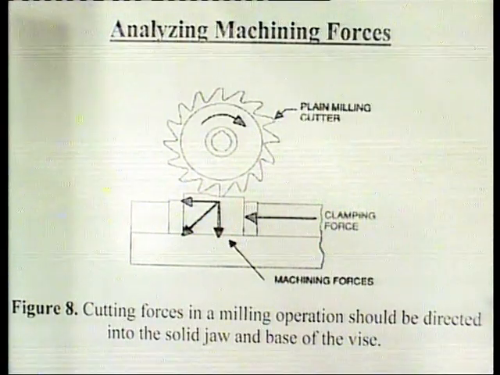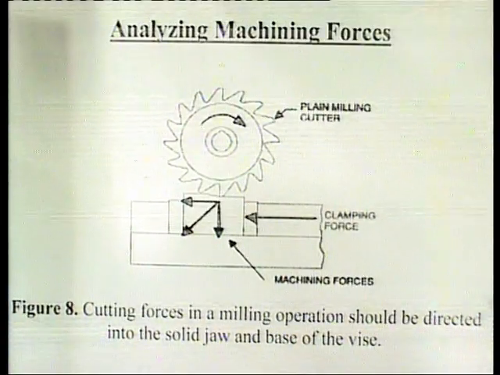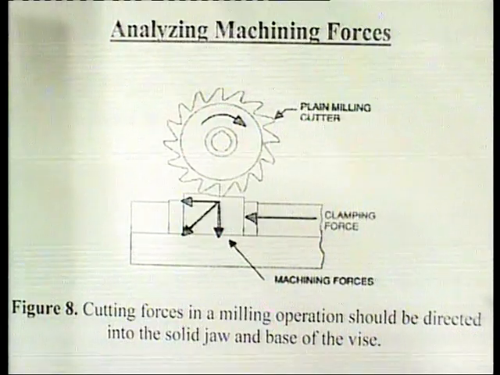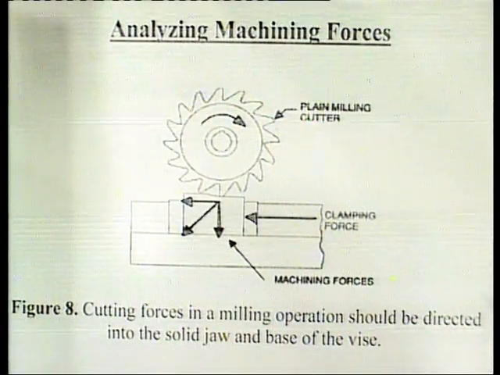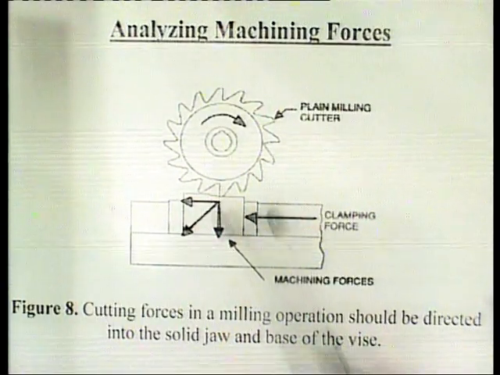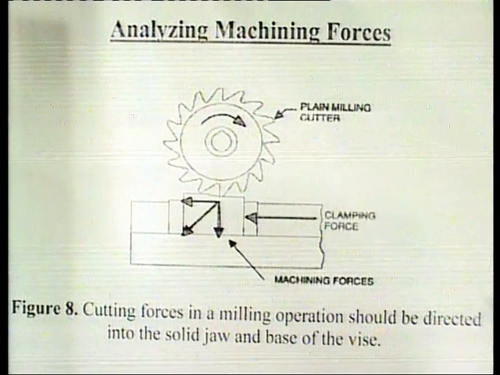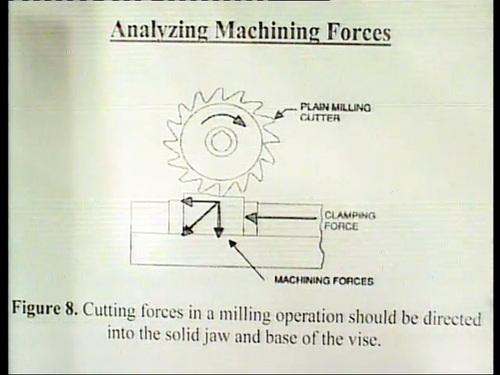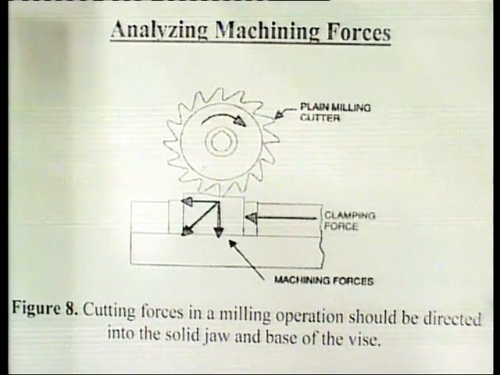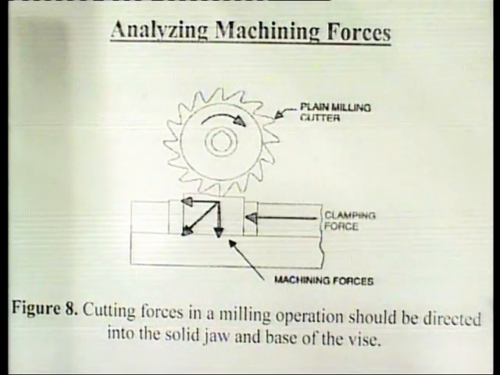The milling forces generated on a workpiece, when properly clamped in a vise, tend to push the workpiece downward and towards the jaw. This is the downward force and this is towards the jaw. The clamping action of the movable jaw holds the workpiece against the solid jaw and maintains the position of the part during the cut.